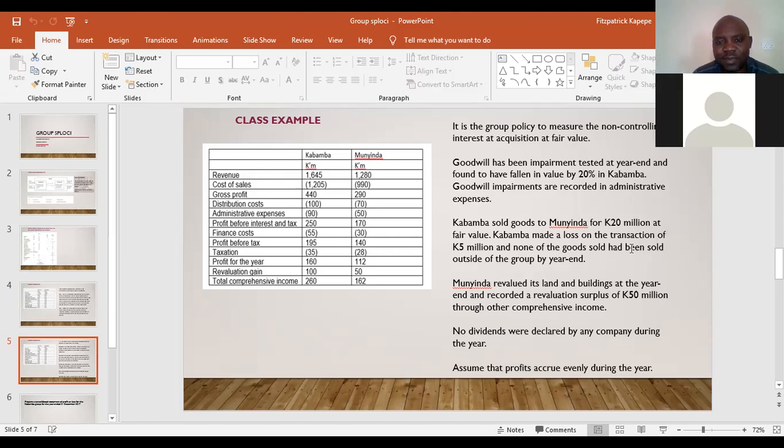No. We are looking at goodwill impairment. Oh, okay, it had fallen in value by 20%. So impairment will be 6. So now let's do the computations.